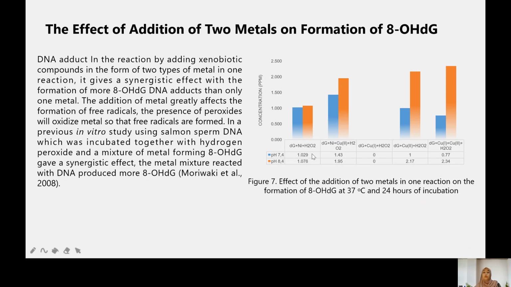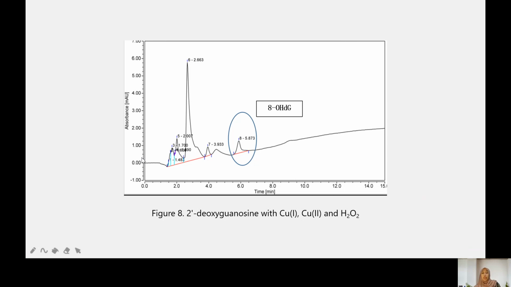Okay, figure 8 shows the chromatogram of 2-deoxyguanosine with copper 1 and copper 2 and hydrogen peroxide, with a retention time of 5.873 as 8-OHdG.